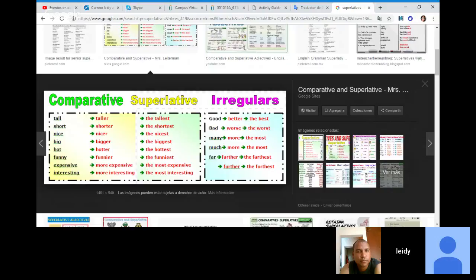Okay, now say me other example with respect to the adjective short. Comparative shorter, the superlative, the shortest. Yes. What is the difference? The superlative is more.